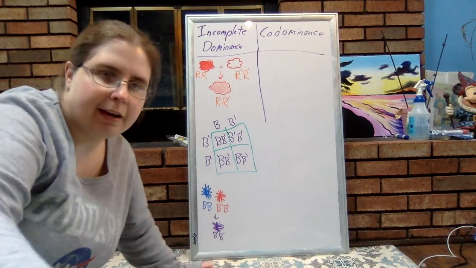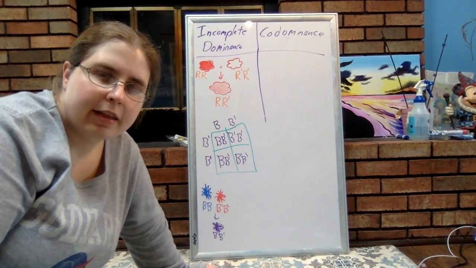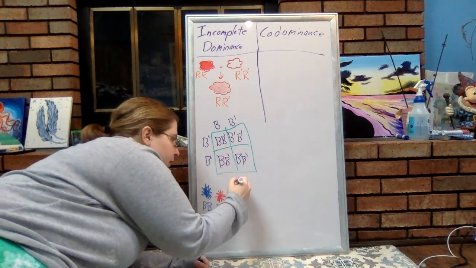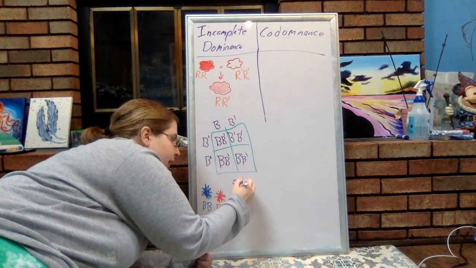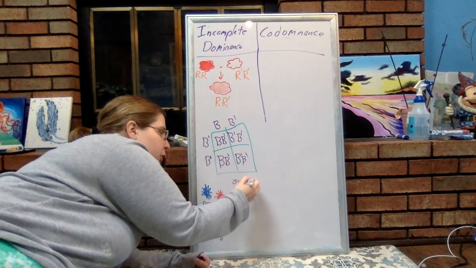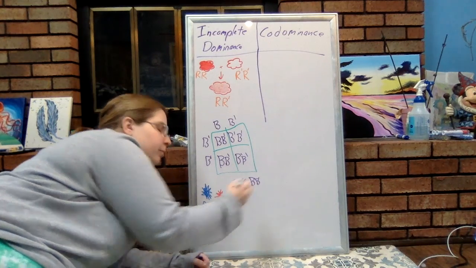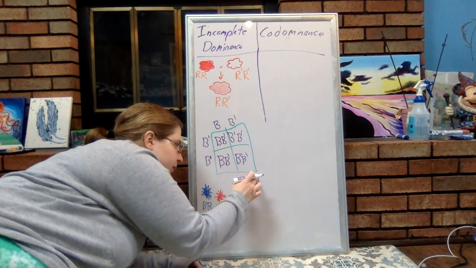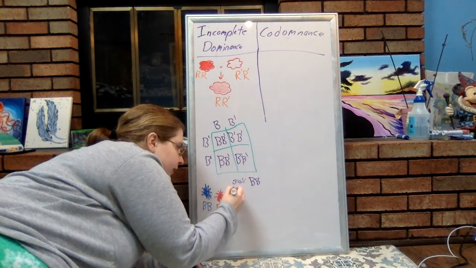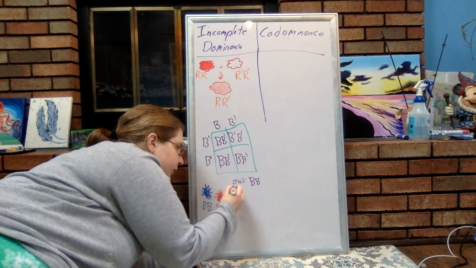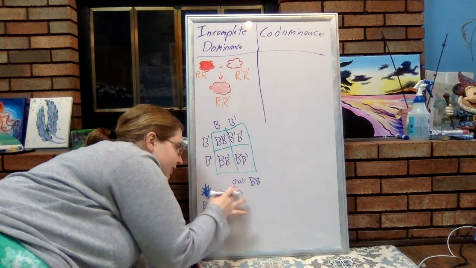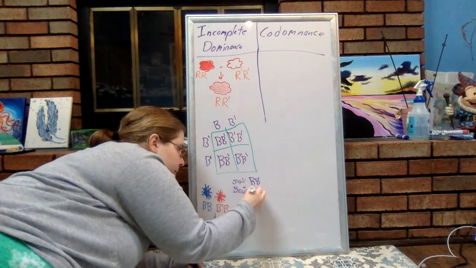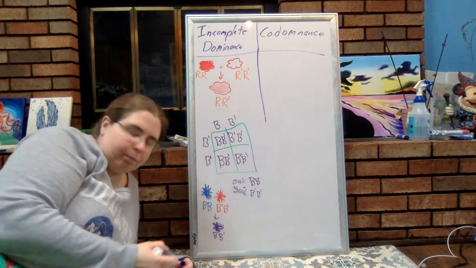That means that for that offspring, they would have a 50% chance, or 2/4 of the boxes, of being B prime, which is purple, or a 50% chance of being B prime, which is red.